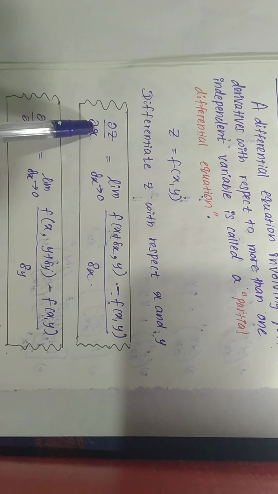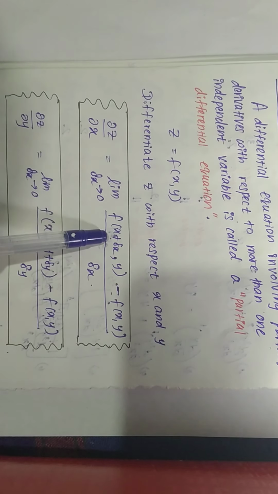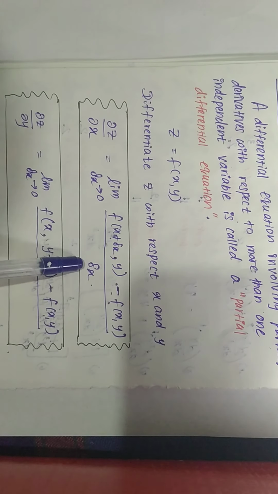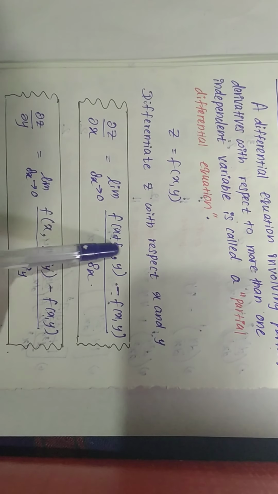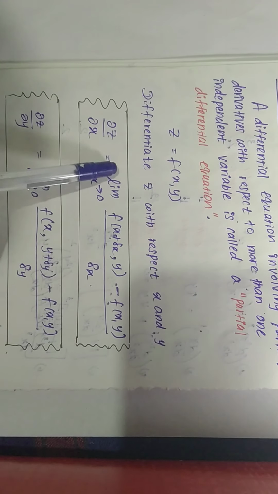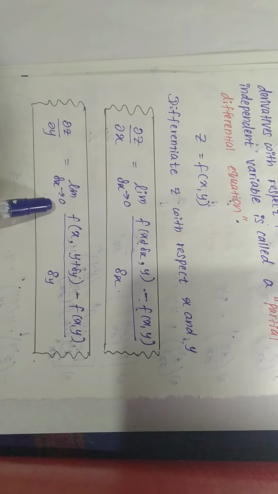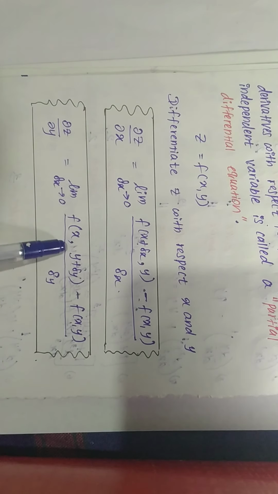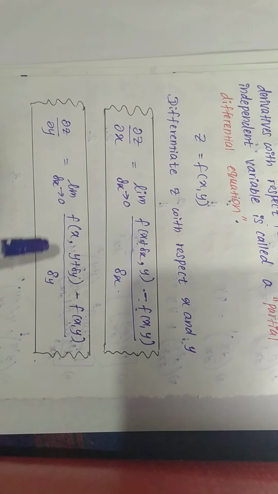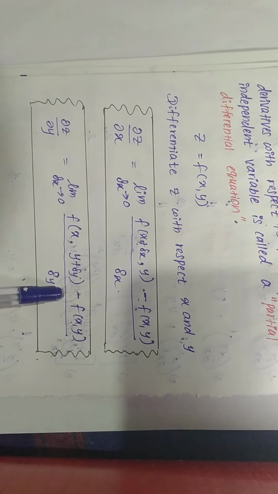Dou z by dou x equals the limit as delta x approaches 0 of f(x plus delta x, y) minus f(x, y) divided by delta x. Here x is variable and y is constant. Dou z by dou y equals the limit as delta y approaches 0 of f(x, y plus delta y) minus f(x, y) divided by delta y. Here x is constant and y is variable.